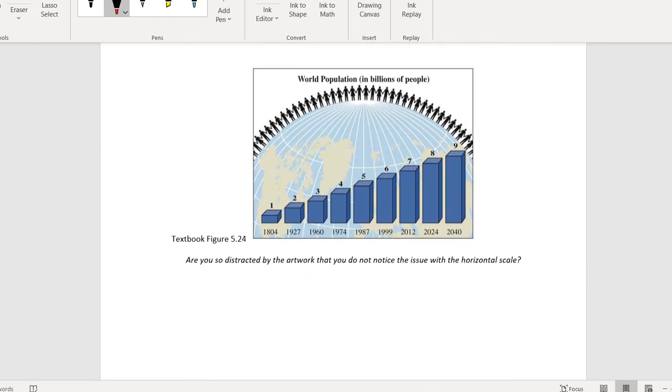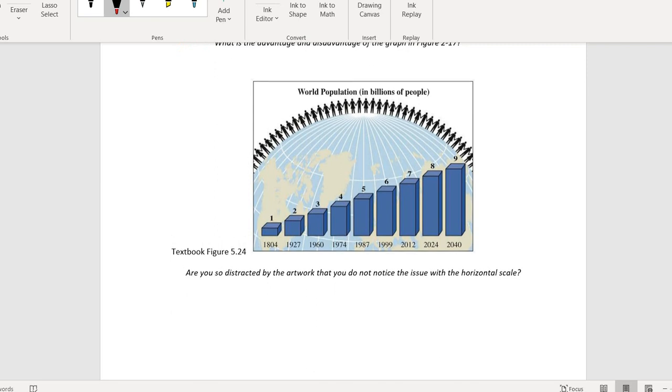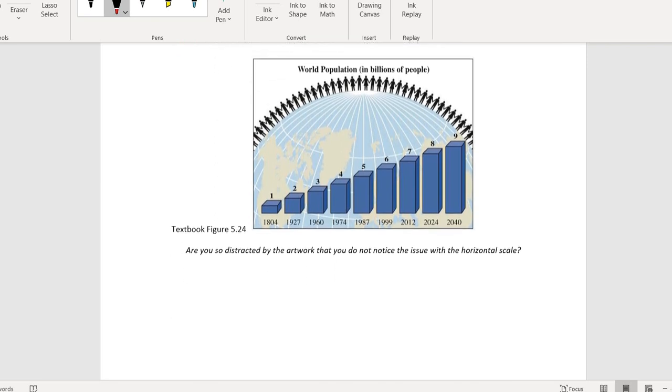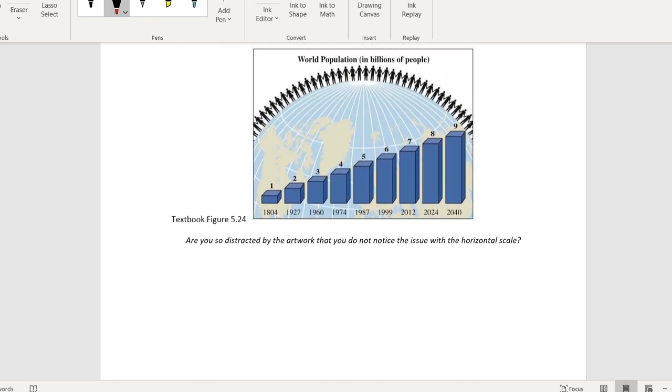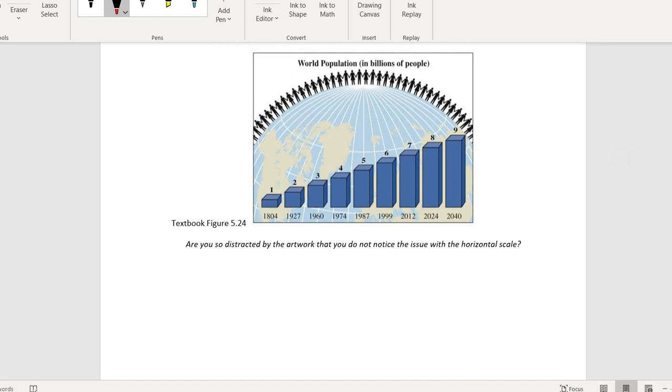Now, when we look at this one, we want to know what is the issue with this graph here, or this visual aid. The reason that this is maybe not an honest portrayal of information is because our scale goes from 1804 to 1927, which is a difference of 123 years.